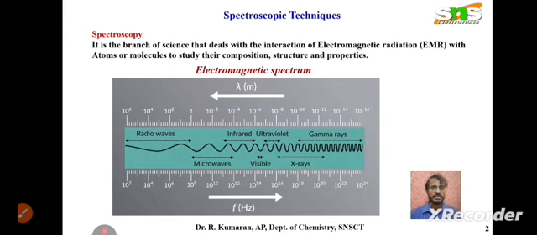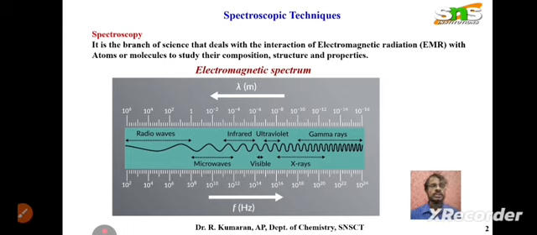Spectroscopic techniques. So generally what is meant by spectroscopy? It is a branch of science that deals with the interaction of electromagnetic radiation, popularly called EMR, with atoms or molecules to study their composition, structure, and properties.